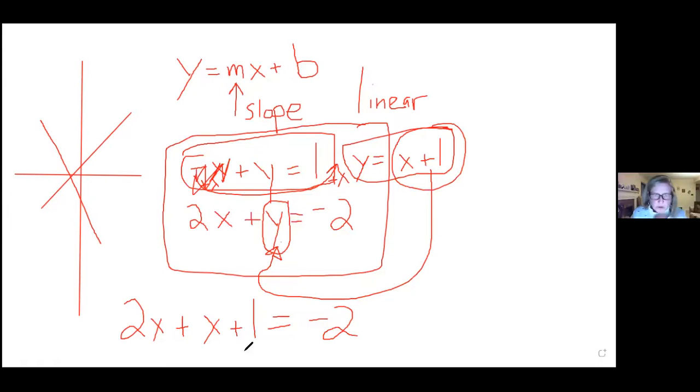So now what we're going to do is combine like terms, and see this 2x and this x? We can combine those.